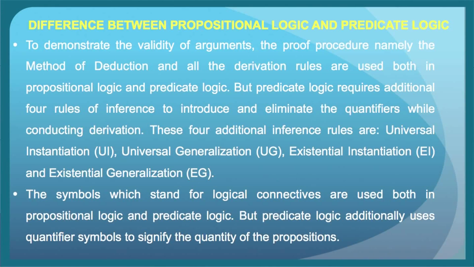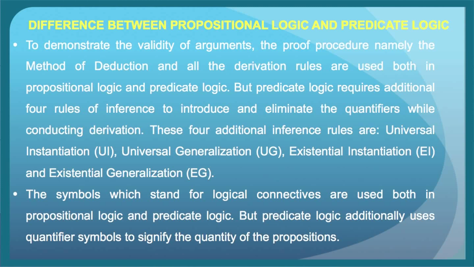To demonstrate the validity of an argument, the proof procedures, namely the method of deduction and all the derivation rules, are used both in propositional logic and predicate logic, but predicate logic requires four additional rules of inference to introduce and eliminate the quantifiers while conducting derivation.